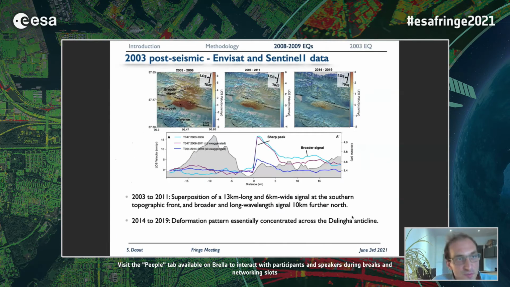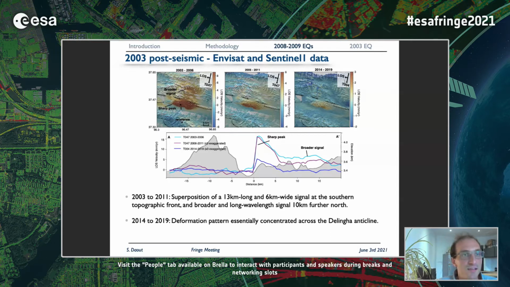As I said, we also observe a strong post-seismic deformation in the 2003 earthquake area. Again, I don't have the post-seismic of the earthquake, but what I have is velocity from 2003 to 2006, from 2006 to 2011, and from 2014 to 2019.